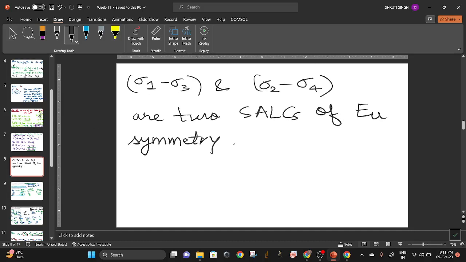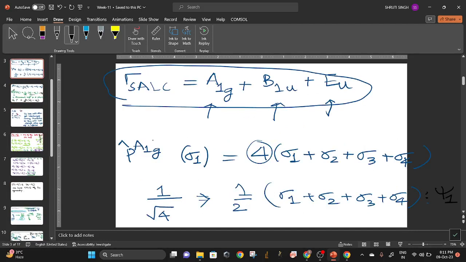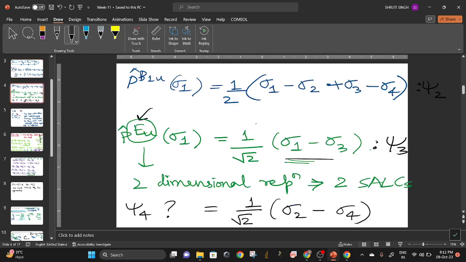So in this molecule, for A1G we had got psi 1, all totally symmetric. For B1U we had got psi 2, sigma 1 minus sigma 2 plus sigma 3 minus sigma 4.